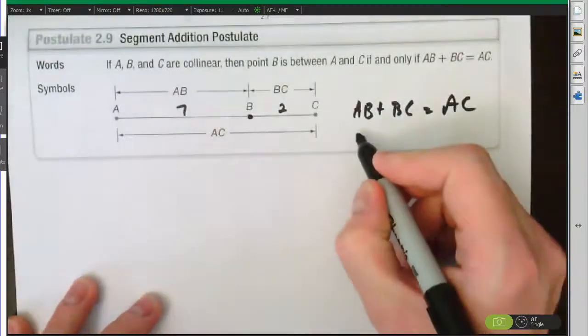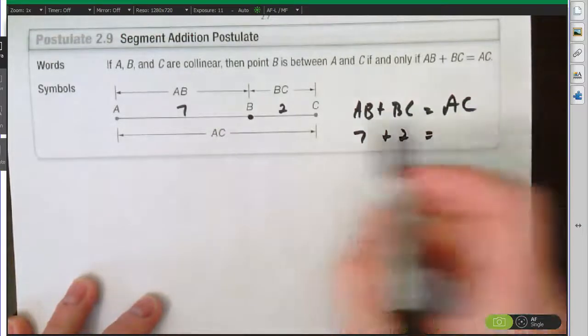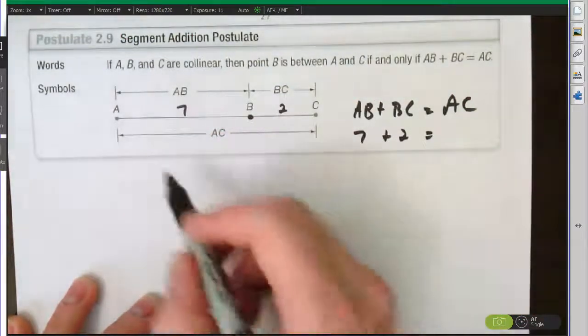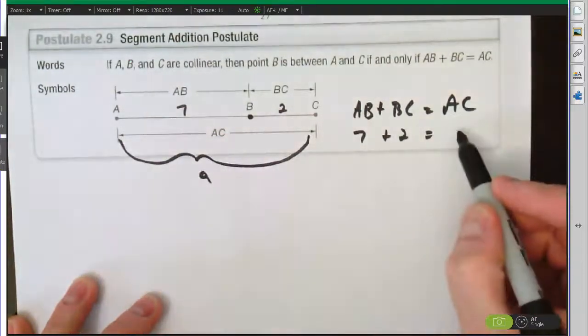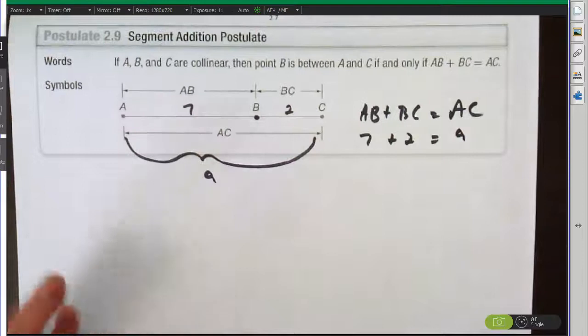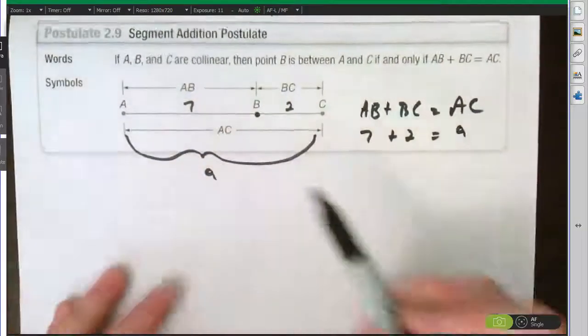If AB is 7 and BC is 2, then 7 plus 2 has to equal the whole length. So if I know the whole length is 9, this makes sense.